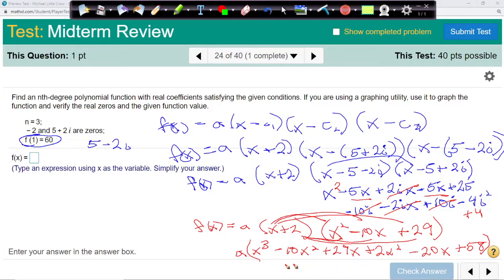So our function is going to be a times x to the third, negative 10 plus 2, that gives us a negative 8x squared. The 29x and negative 20x, that's going to leave us with a positive 9x. And then a plus 58.